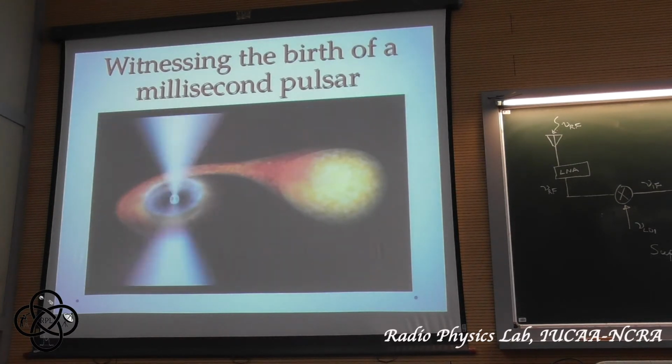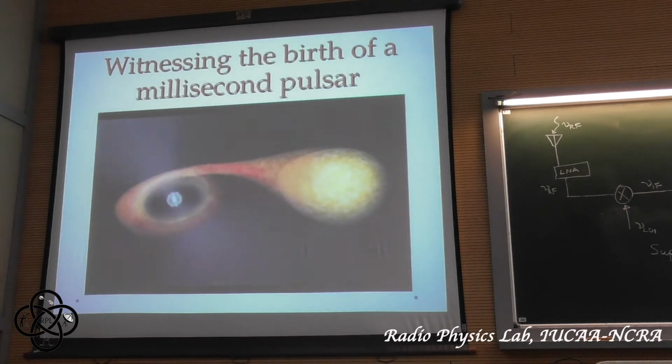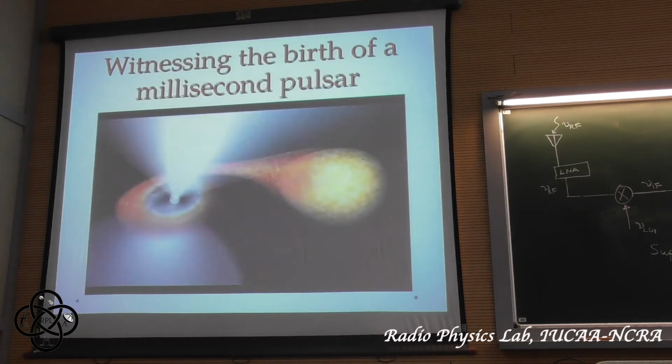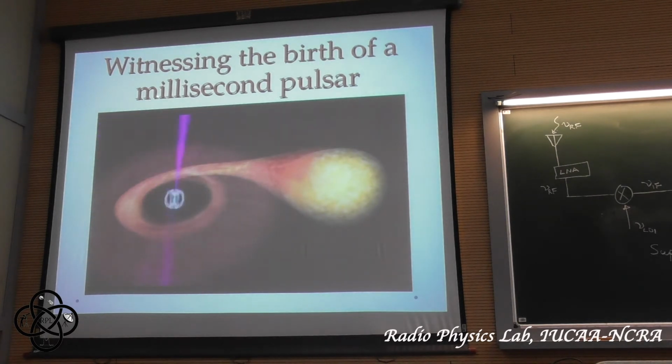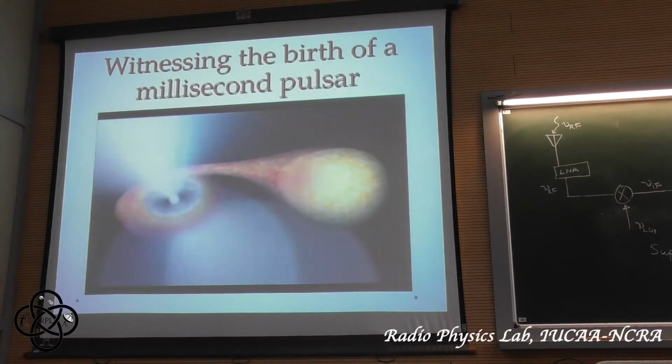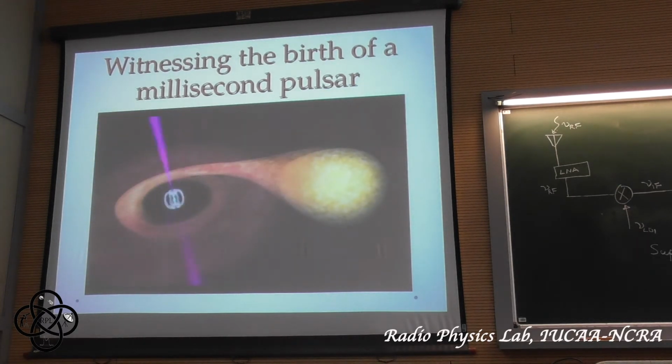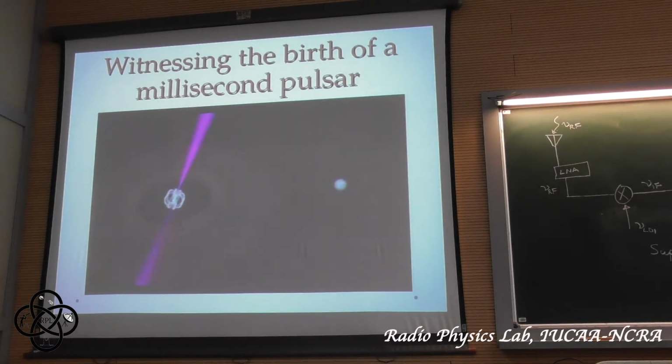As it falls in, the orbital angular momentum of the material which was falling in on the star is converted to spin angular momentum of the object. So this neutron star is now spinning faster and faster until finally it spins at millisecond periods.